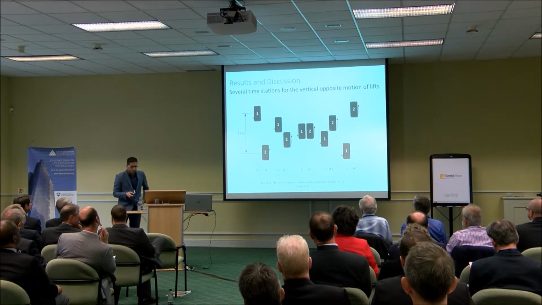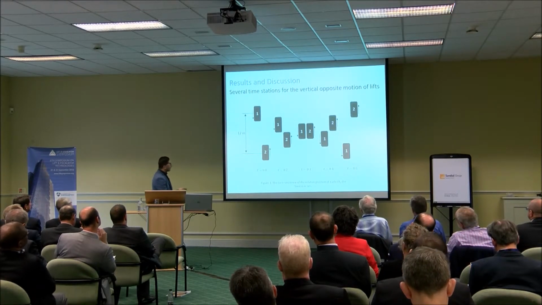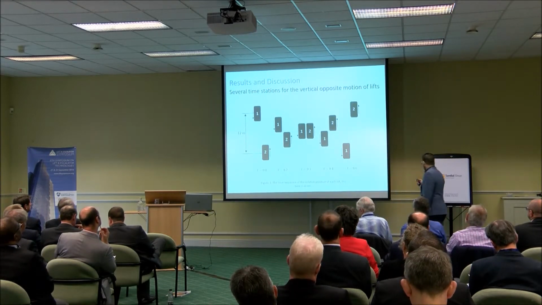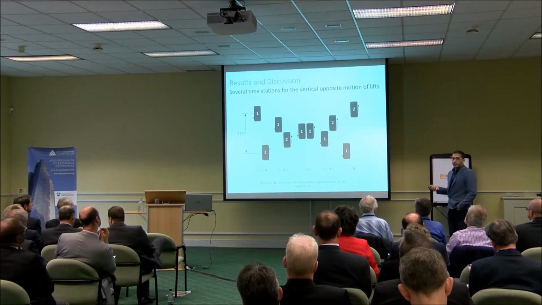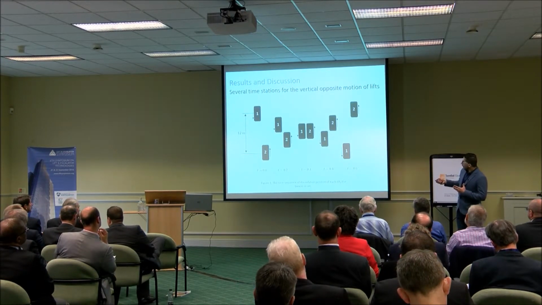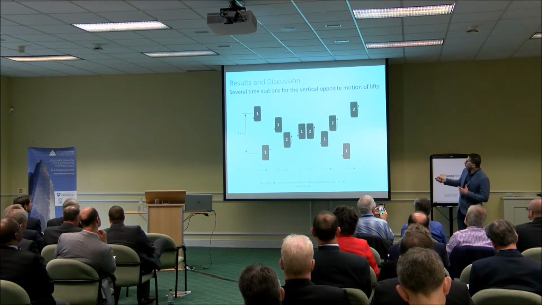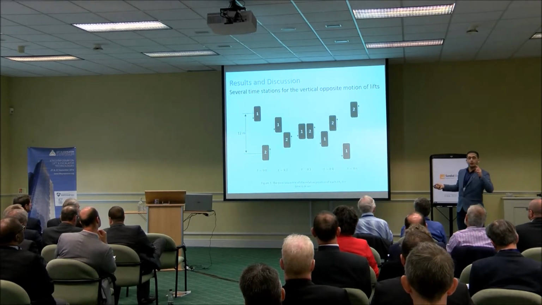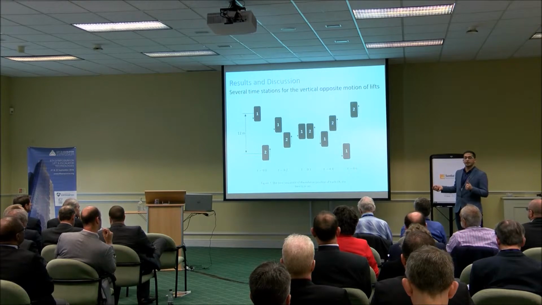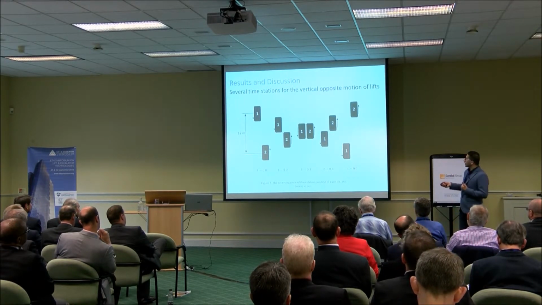To clarify my scenario, this figure shows 5 different time stations for the vertical motion of lifts. At t equals 0, the two cars are moving at a constant velocity of 20 meters per second, and they are located 12 meters apart from each other.